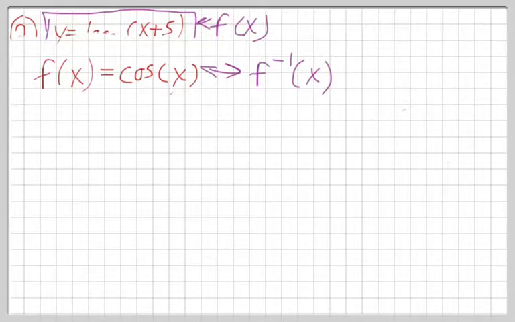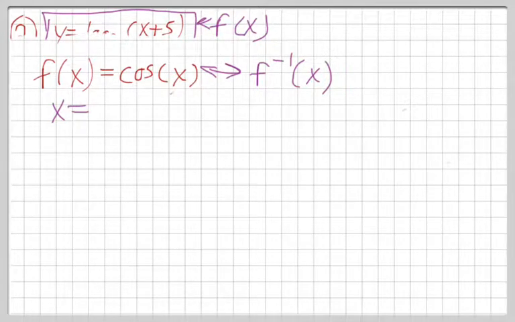So keep that relationship in mind and you'll be okay. What they're asking us to find is the derivative of the inverse at x equals the square root of 3 over 2.